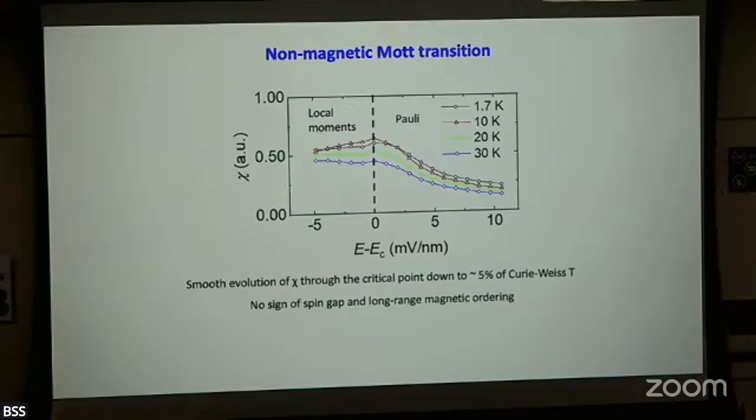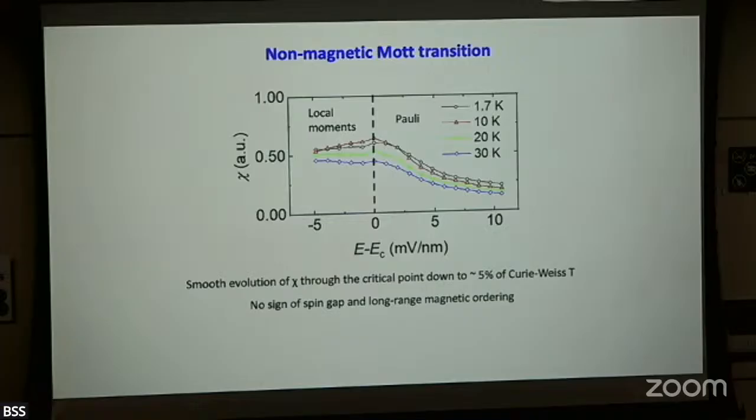And from this side, it's a Mott insulator. This side is Fermi liquid. So when we tune the displacement field, how can I understand that? I try to understand, so that susceptibility should come from the spin-spin interaction, or is that some temperature independent Pauli?